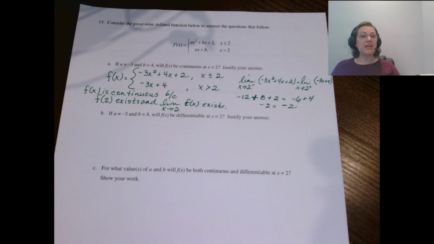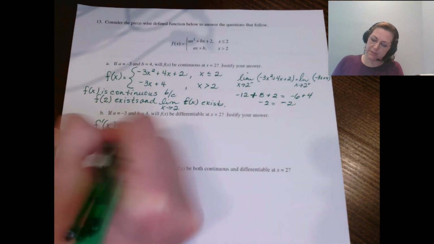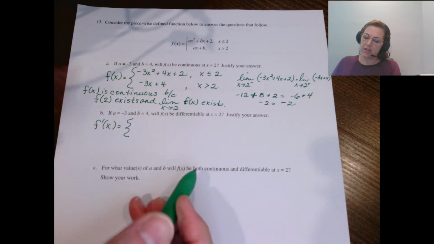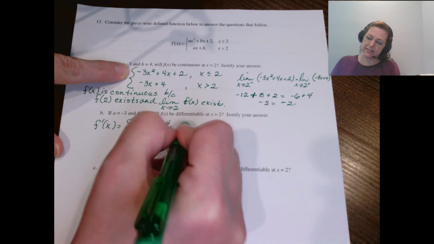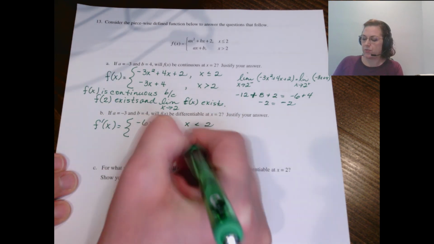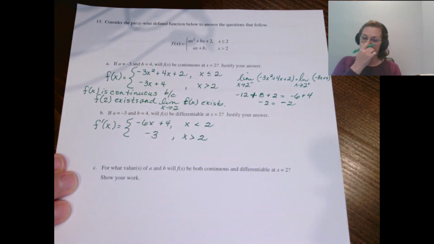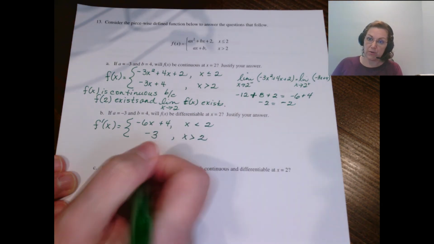Okay, let's look at B. Now we're changing, will it be differentiable? Okay, so now let's take the derivative. F prime of x would be -6x plus 4 when x is less than 2, and -3 when x is greater than 2. Now I need to know if when I put in 2 from both sides, do I get the same value?